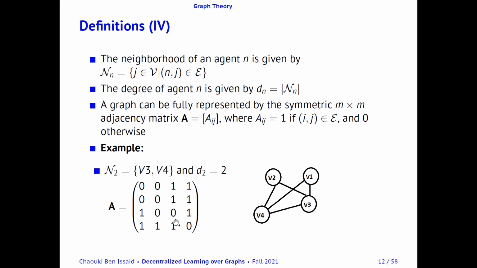Similarly, we can obtain the other rows by examining the neighbors of V2 for row 2, V3 for row 3, and V4 for the last row, the fourth row.